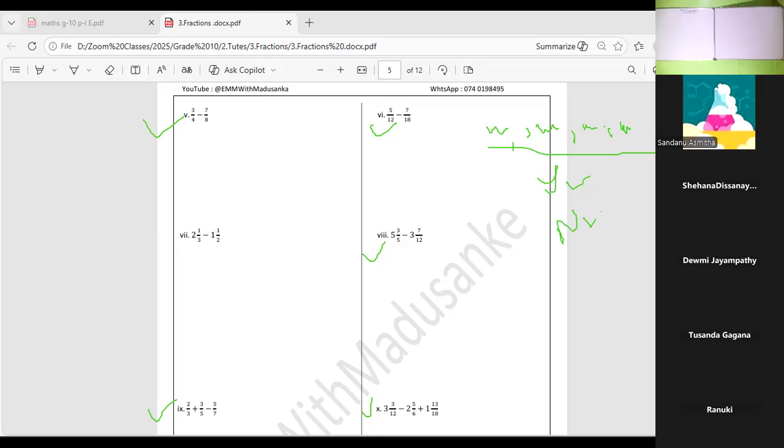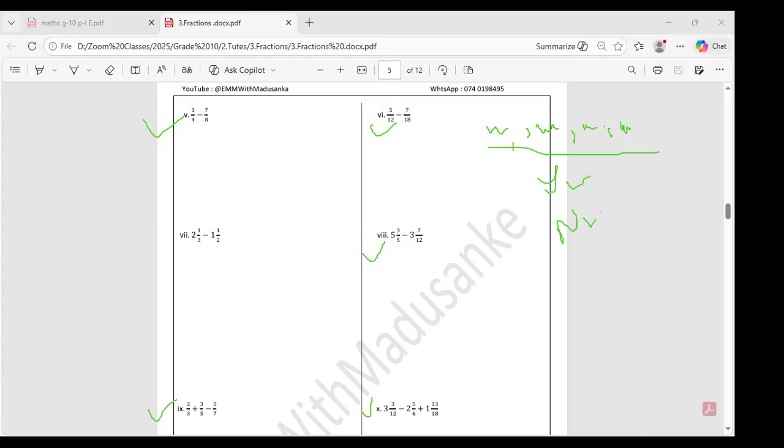Here. Equal to the power 2. Last one. Okay. That's okay.